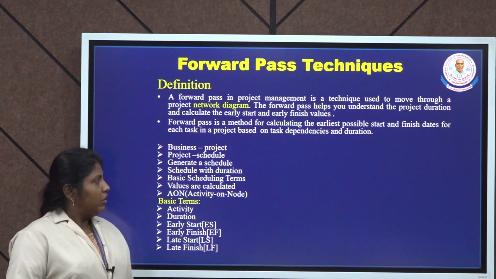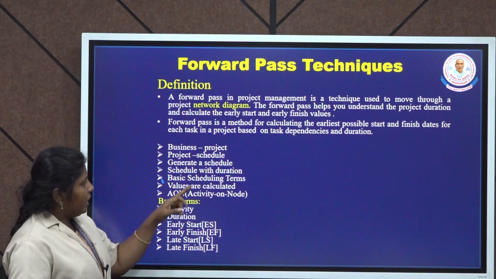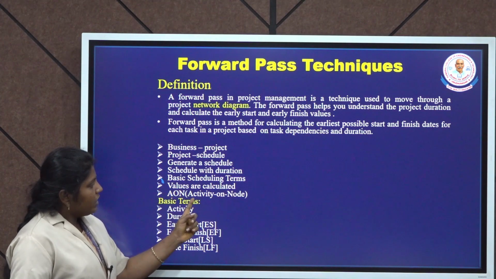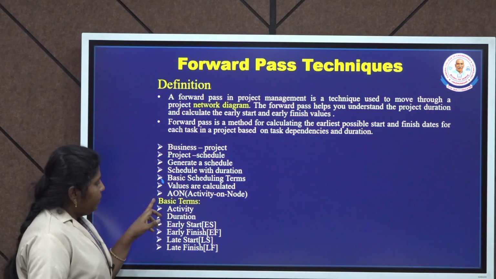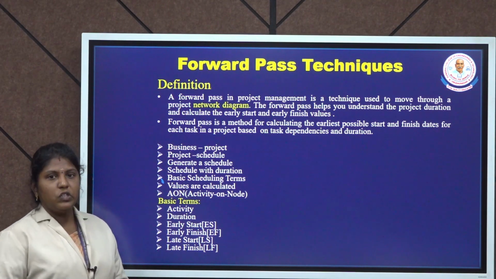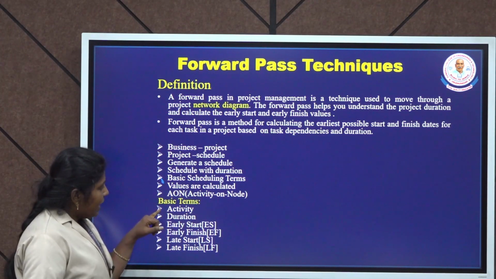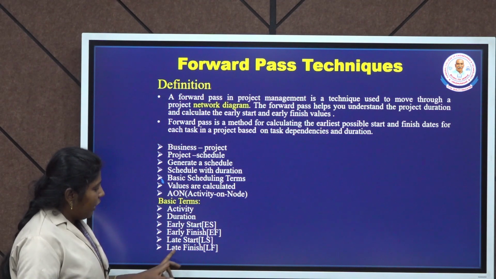These two things can be calculated with the forward pass technique using the AON, activity on node, diagram. These are the basic terms under the forward pass technique: activity, duration, early start, early finish, late start, and late finish.